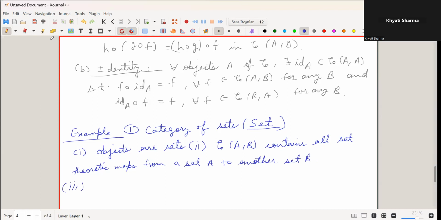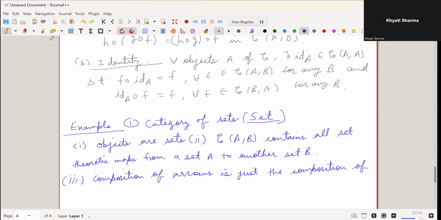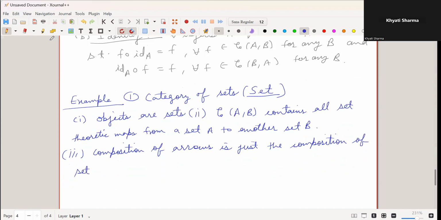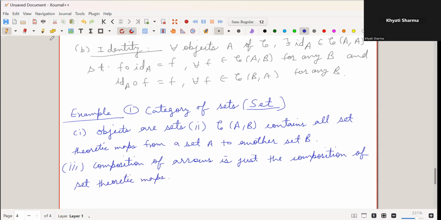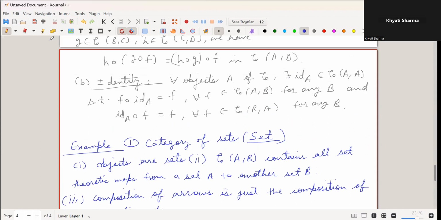The composition of arrows is just the composition of set-theoretic maps. For these maps, associativity is also there and the identity map is also there. So this forms a category.